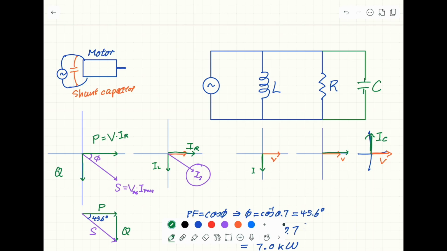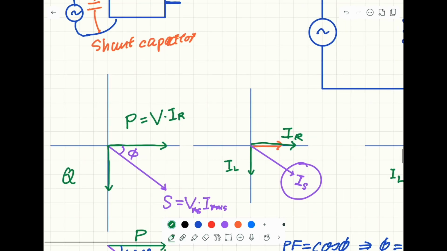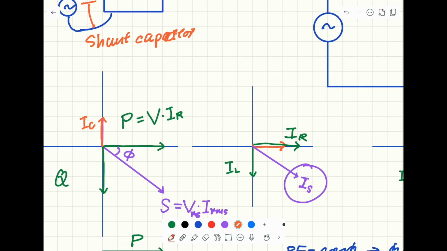Just incidentally, this is IL. So after we put the capacitor in parallel, this is IC. So you have another factor, which is the power on the capacitor. So we have two reactive powers, but they are out of phase.